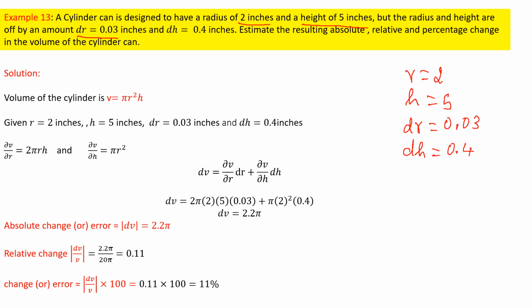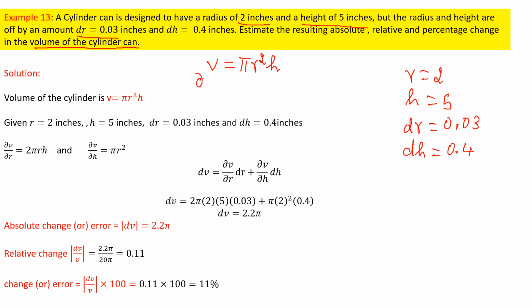So like previous problem, here we are dealing with cylinder. So we are going to calculate the change, absolute change, relative change, percentage change in the volume of the cylinder can. So we begin the problem by writing the volume of the cylinder. The volume of the cylinder is given by V is equal to pi r squared h.